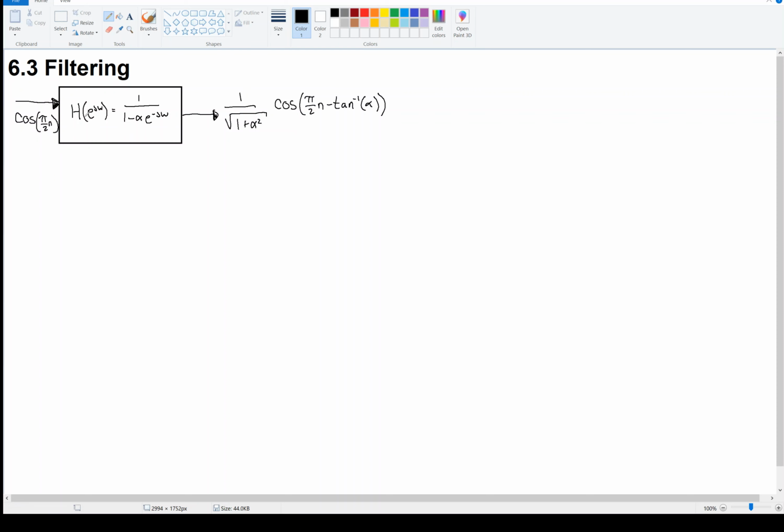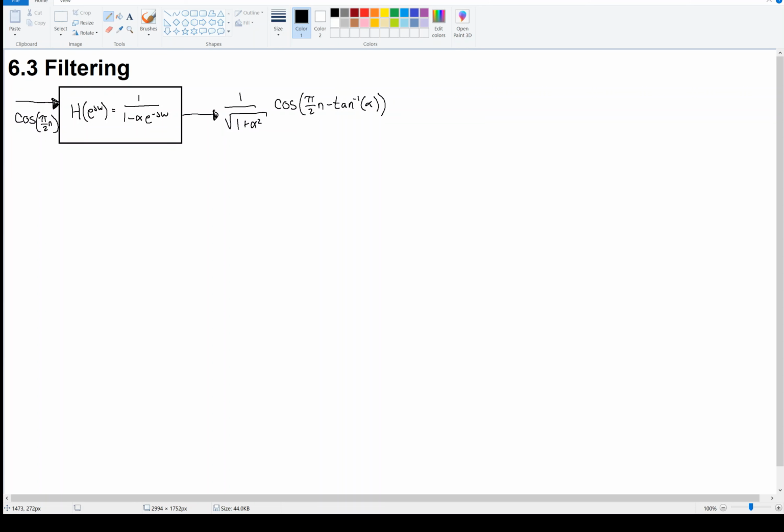So in the example, we have a linear time-invariant system whose frequency response, capital H, is 1 over 1 minus alpha e to the minus j omega, where alpha is a constant whose magnitude is less than 1. We put into that system cosine of pi over 2 n, and we get out of that system 1 over the square root of 1 plus alpha squared times cosine of pi over 2 n minus the inverse tangent of alpha.